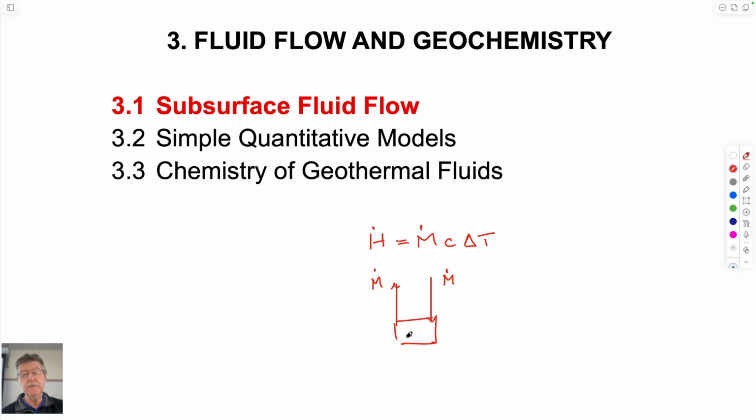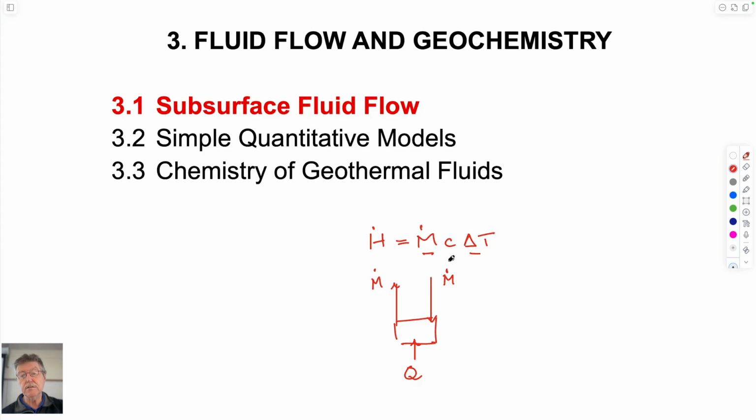Only if we can get that transmission through the reservoir do we have a viable reservoir. And secondly, only if we're able to add heat to that in the form of temperature, in going from inlet to outlet, do we also have a viable reservoir. So all 3 of these have to be high.